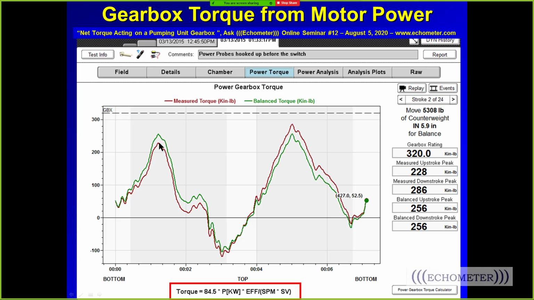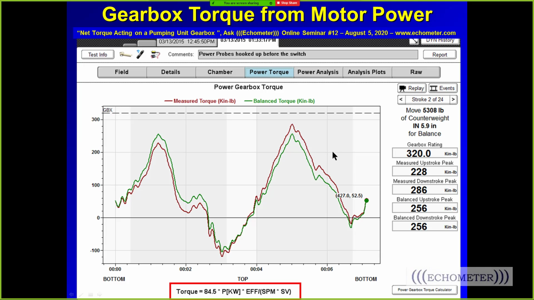The red curve is the existing net torque. This line right here is the gearbox rating, 320,000 inch-pounds. The upstroke peak is 228,000 inch-pounds of torque based on kW, and the downstroke peak is higher.